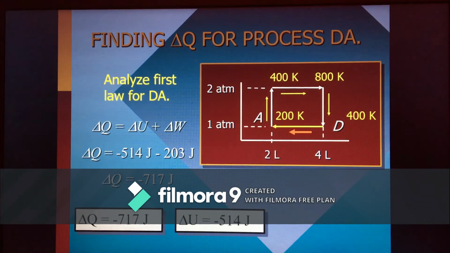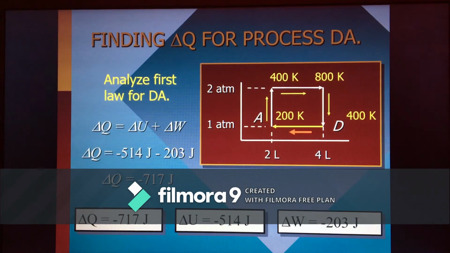We have delta U negative 514 joules and delta W negative 203 joules. If you add these two negative numbers, it comes to negative 717 joules.